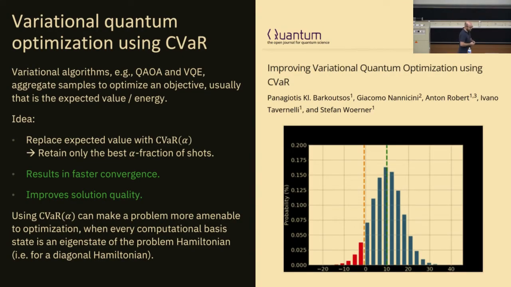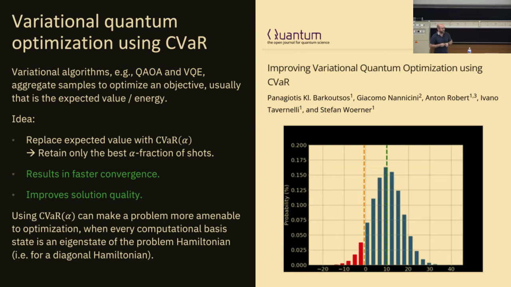And this is what's called in risk analysis the conditional value at risk, the CVAR. So if you have some samples, you just take the best 10% and you average over this tail. And if you change the objective function accordingly and you run QAOA in exactly the same way, that can help significantly to improve the performance.